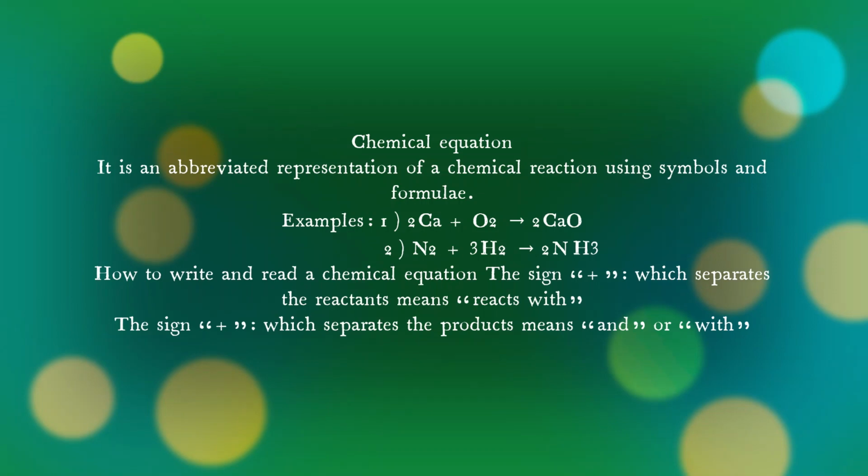Potassium is symbolized by the capital letter K, and iodine is symbolized by the letter I. So we have potassium iodide, KI, reacting with lead. Lead is symbolized by Pb, and nitrate is NO3.